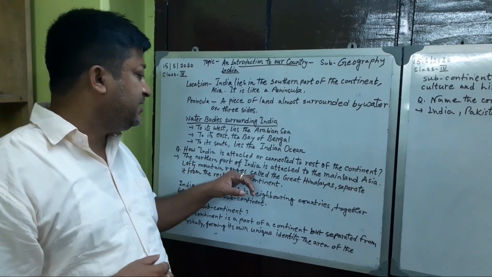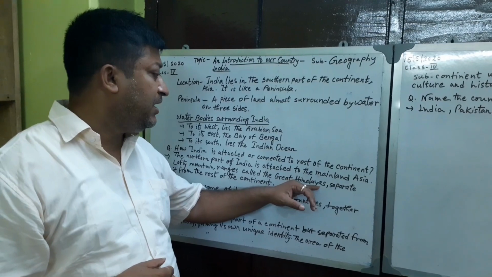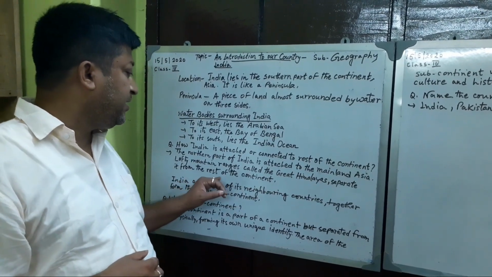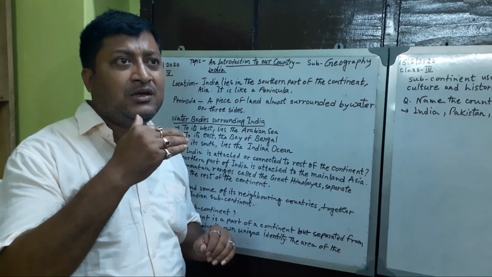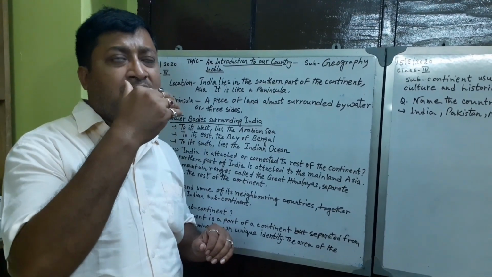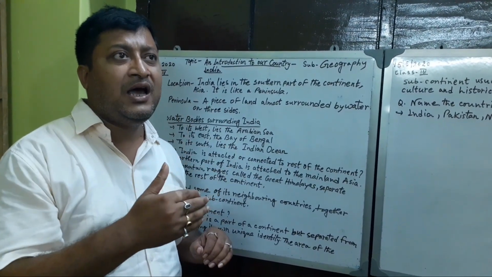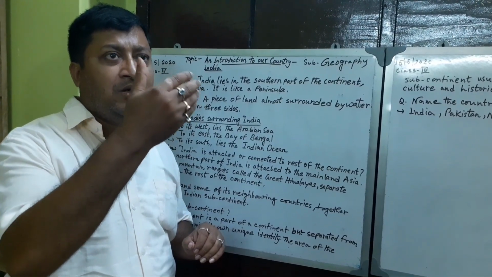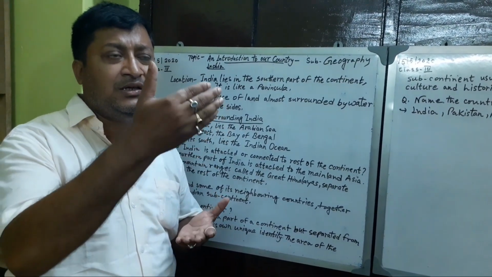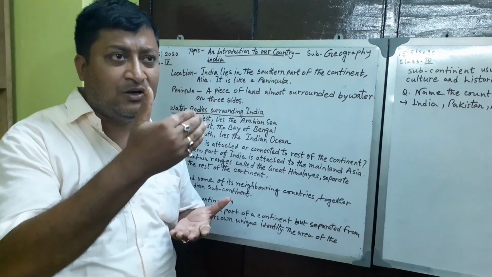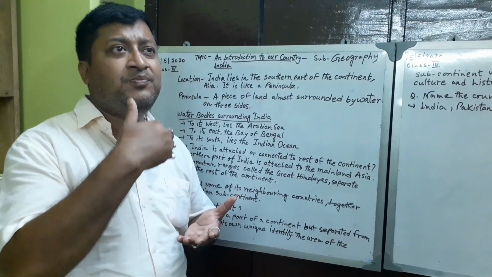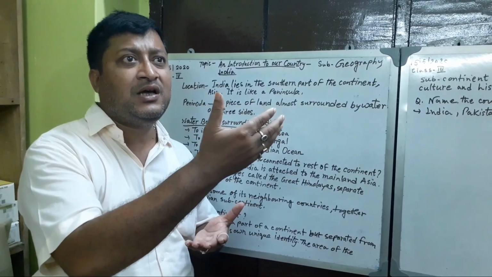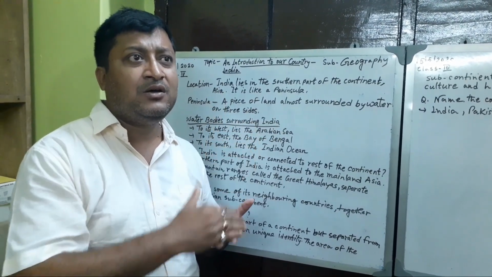Lofty mountain ranges called the Great Himalayas separate it from the rest of the continent. So India is attached in the northern part, and if you see it in a reverse way, India is in the southern part of the continent.